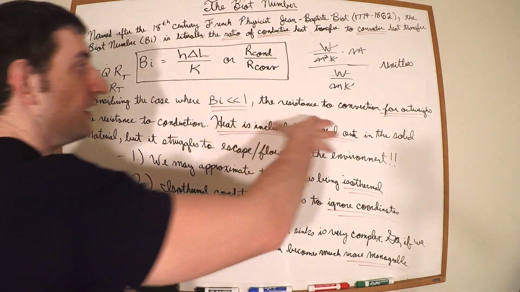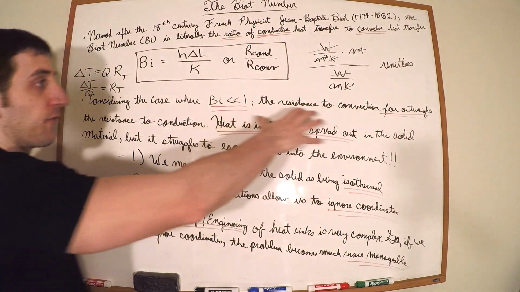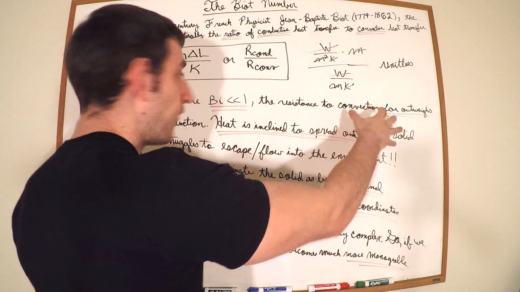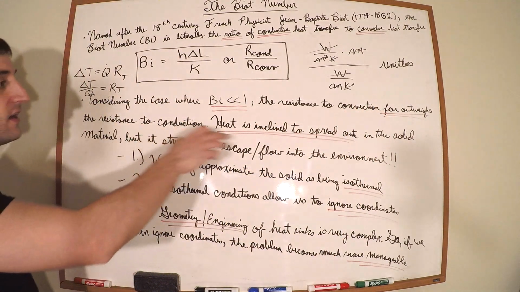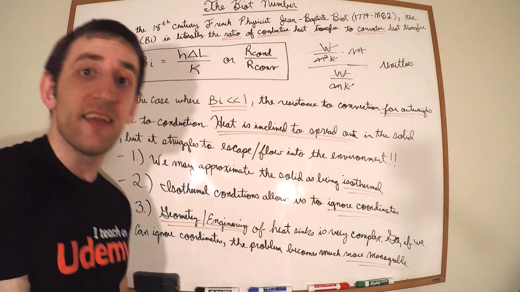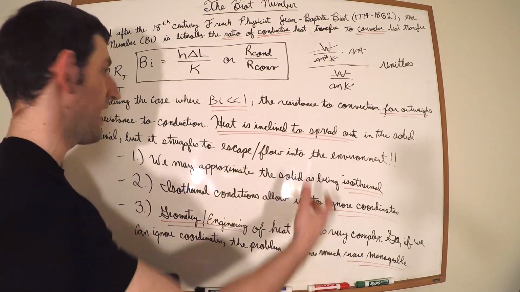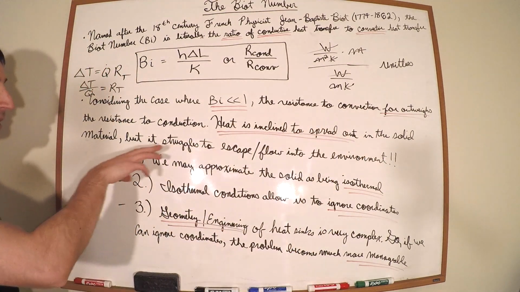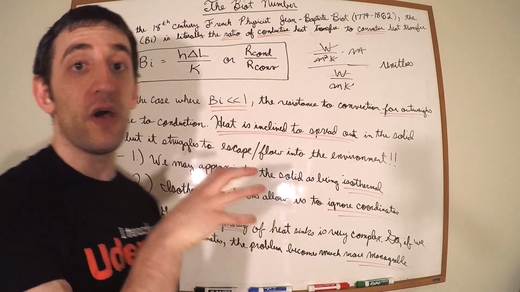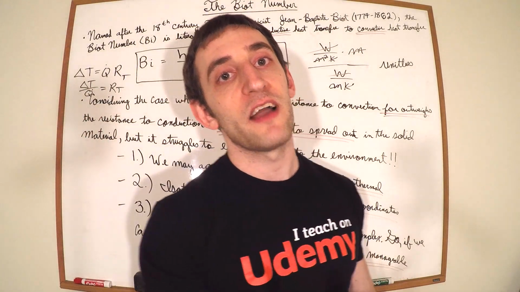And as I wrote here, in this scenario, the resistance to convection far outweighs the resistance to conduction. Heat is inclined to spread out in the solid. We get some universal temperature in that solid, but it struggles to escape or flow into the environment through convection.